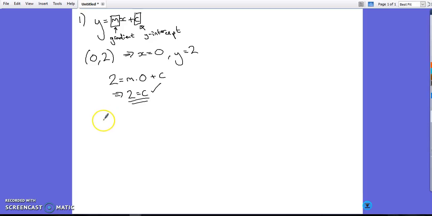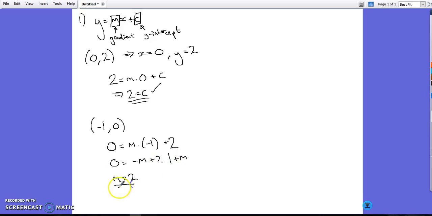The second most obvious point on the line would be at -1, 0. And now we don't have y equals mx plus c, but y equals mx plus 2. So y is 0 equals m times -1 plus 2, which means we can easily find out what m is. We have 0 is minus m plus 2. I'm going to add m to both sides and get m is equal to 2.